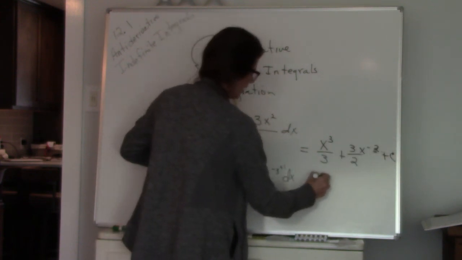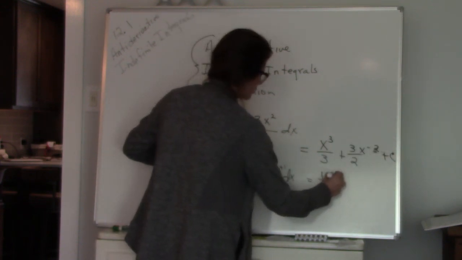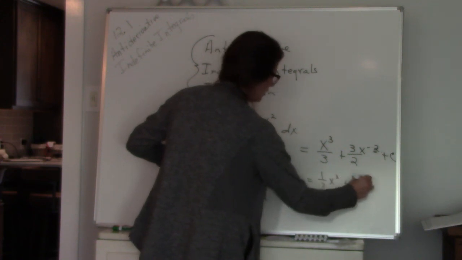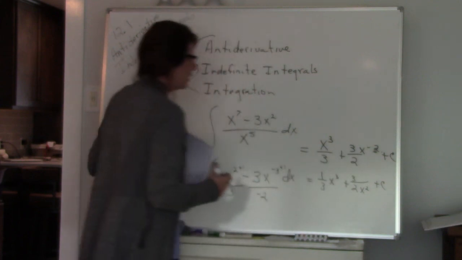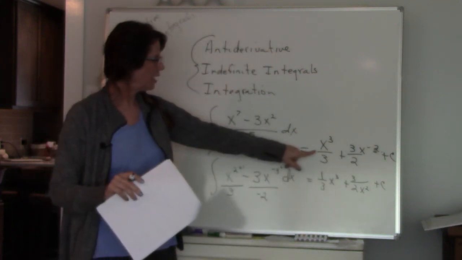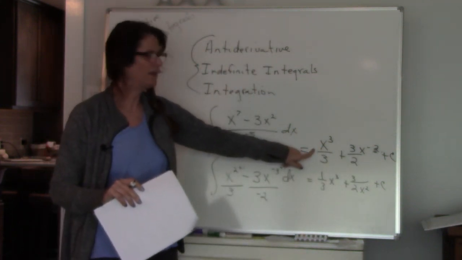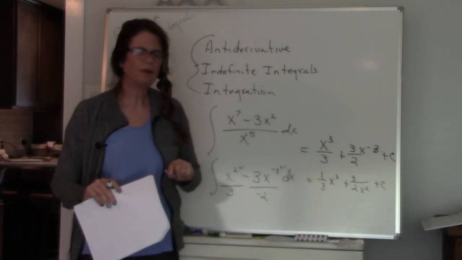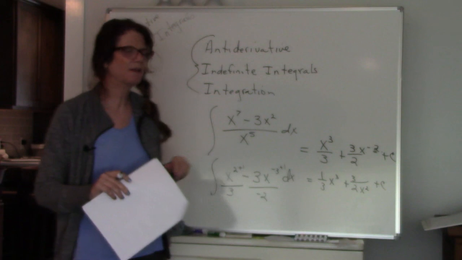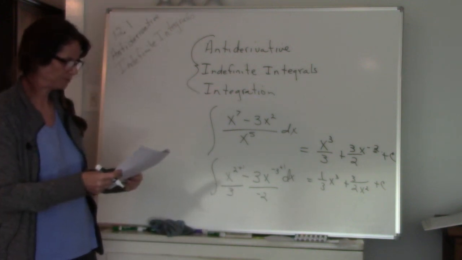Or I can rewrite it as 1/3 x cubed plus 3 over 2x squared plus c. Now, I believe My Math Lab will let you write it this way, but if you want, you can write it that way. But I believe they will accept it with a negative exponent.